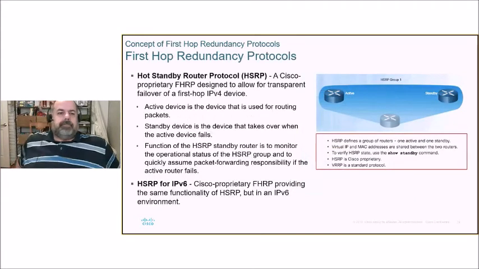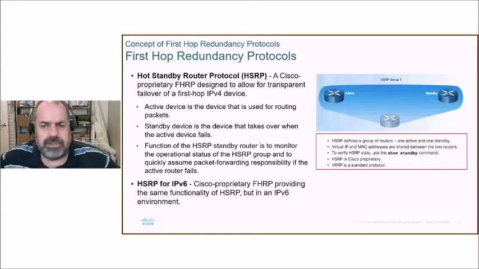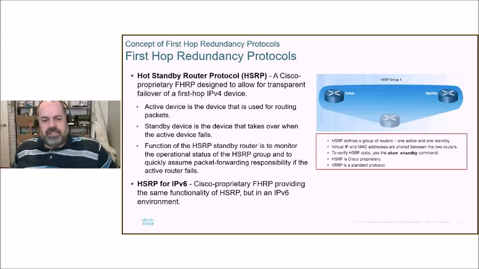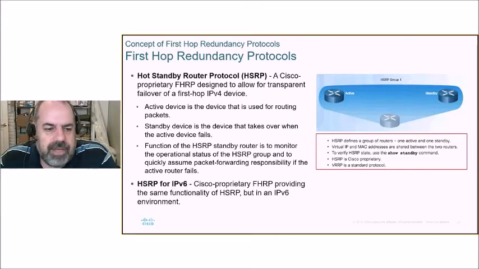So we're talking about HSRP, or Hot Standby Router Protocol, in this chapter, and it's a Cisco proprietary first hop redundancy protocol designed to allow for transparent failover of a first hop IPv4 device. The active device is the device that is used for routing packets. The standby device is the device that takes over when the active device fails. The function of HSRP standby routing is to monitor the operational status of the HSRP group and to quickly assume packet forwarding responsibility if the active router fails.